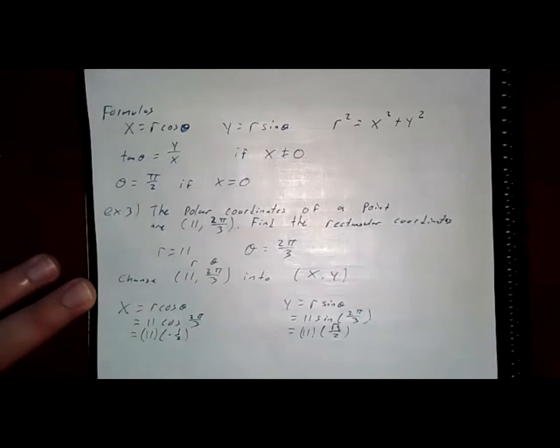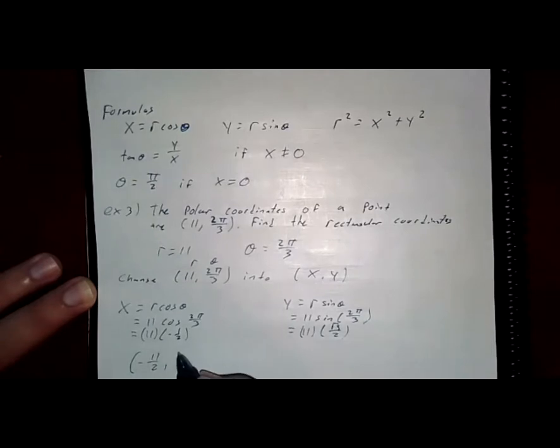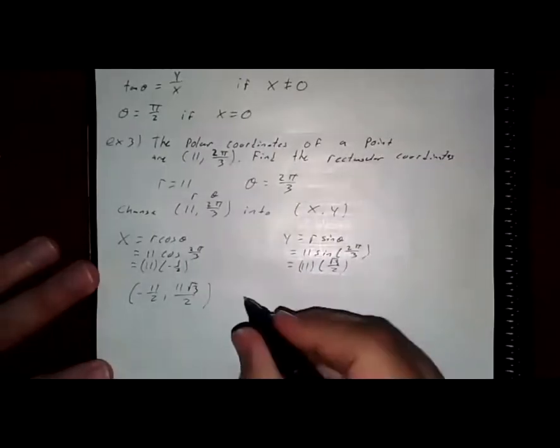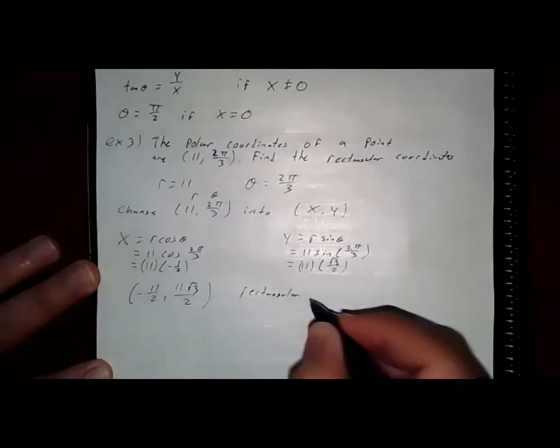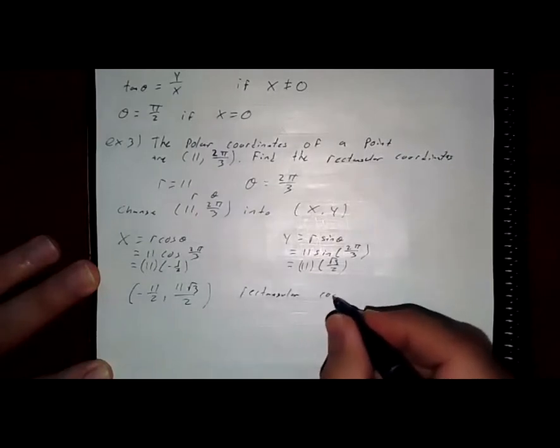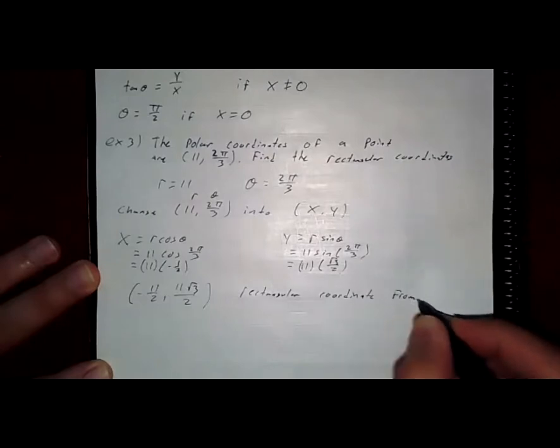So my answer will be negative 11 over 2, comma, 11 square root 3 over 2, right? This is my rectangular coordinate from polar.